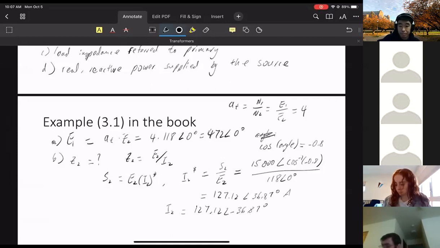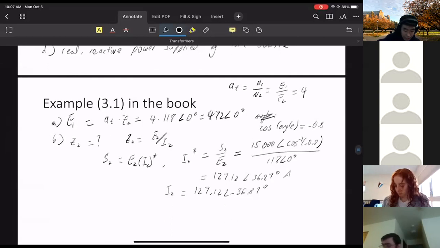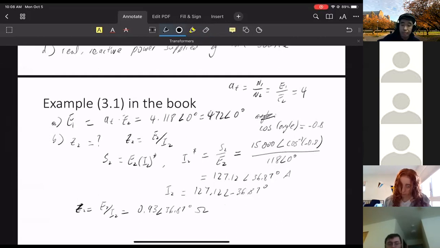Then what we have is Z2 is now E2 over I2. That's just straightforward complex number division. What we have is 0.9293, angle 36.87 degrees ohms. The unit of complex impedance is ohms.